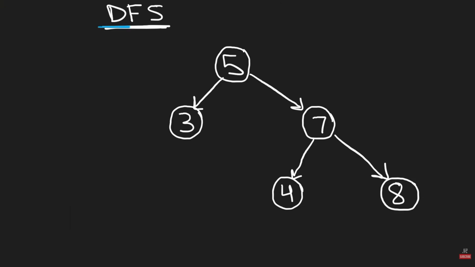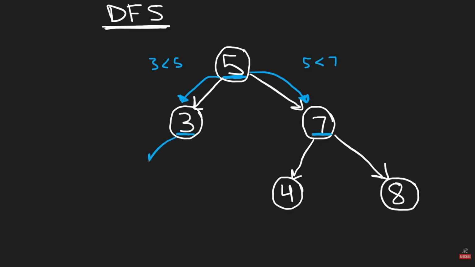So we need to do a recursive depth first search to solve this problem, but let me show you what you might try. You might just try a simple solution like, hey, we have 5 as the root. Let's check its child. Okay, 3 is less than 5. That's good. Okay, let's check the right child, 7.